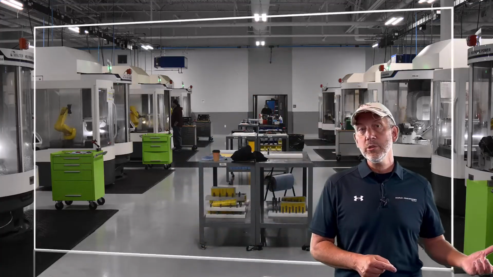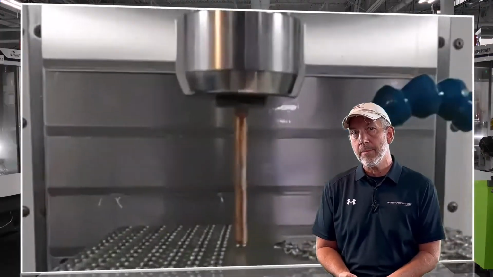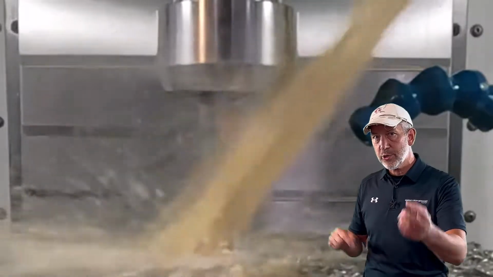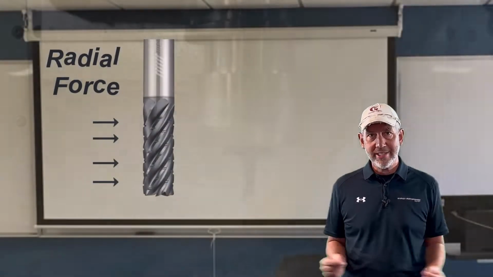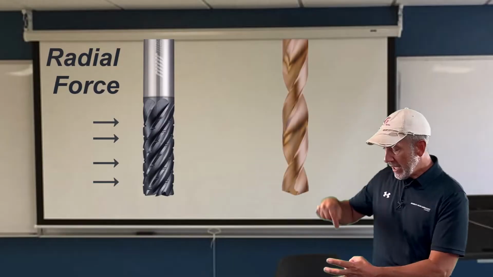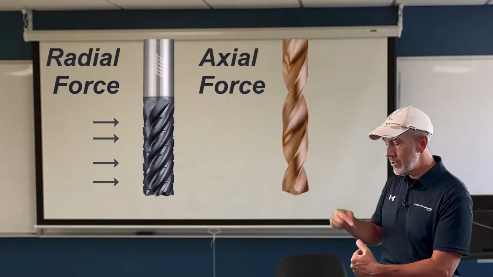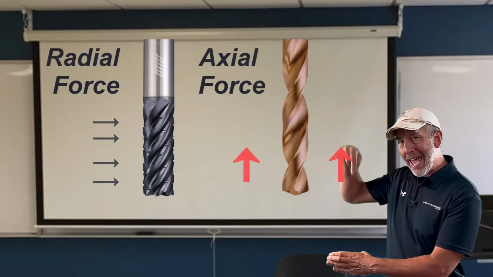Now we can dive in to applications on drills. So we need to understand something when it comes to drills, okay? A lot of end mills we talk about cut on the side, right? A drill cuts on the bottom. Think about this throughout this episode, because there's a lot to cover with drills. The only force that is very important to a drill is the axial force. There's no side force. It's all axial force.